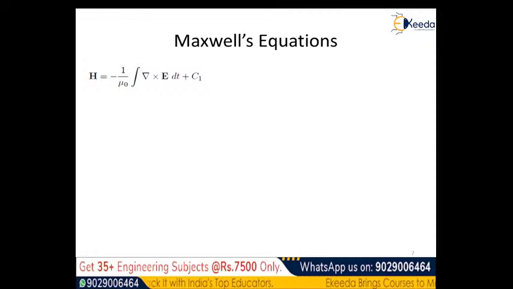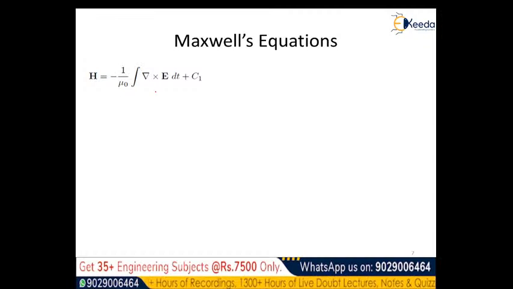You may question how the capital B has changed to H here. B is equal to mu 0 times H in free space. So mu 0 multiplied by capital H is nothing but B. We have separated them and shifted mu 0 to the right hand side so that the expression for capital H can be obtained like this.